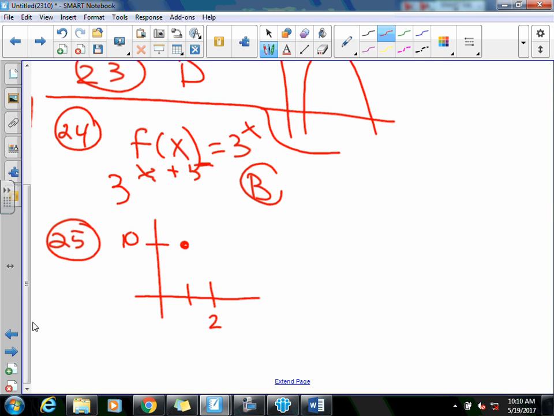Okay. So after the first bounce, it's at a height of 10 feet. So here's the 10 feet, and I go down here, and I find the 1, and that gives me the answer. That's A. All right.